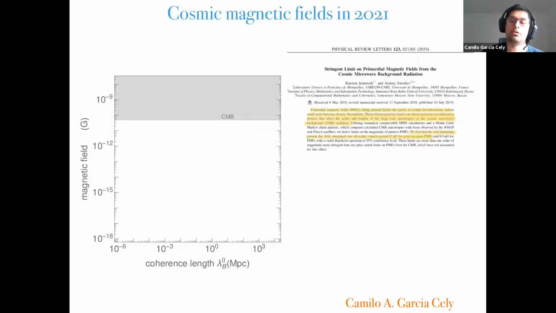But the bottom line is that we are interested in two magnitudes, which we can put in a plane. One of them is the average magnetic field, and the other one is this coherence length. Now, what is new, or was new last year when we finished the paper?